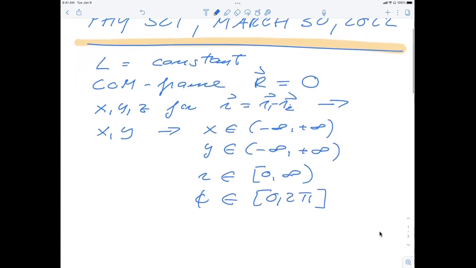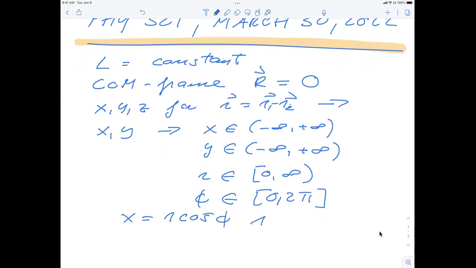And we know then that x is equal to r times cosine phi, and y is equal to r times sine of phi. So this is the kind of setting which we now are living in when we want to solve equations.